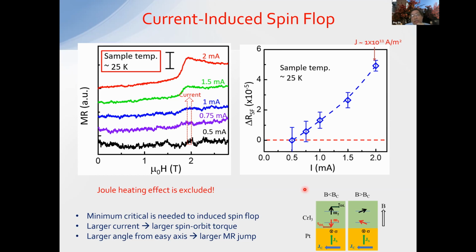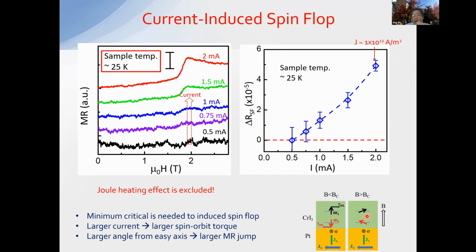So we look at this and propose a model. This is probably due to the spin orbital torque, the spin current effect. In this case, you torque both layer magnetizations so that it tries to push them into the spin flop state.